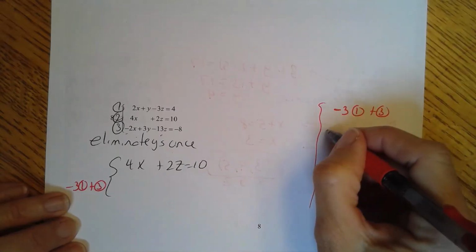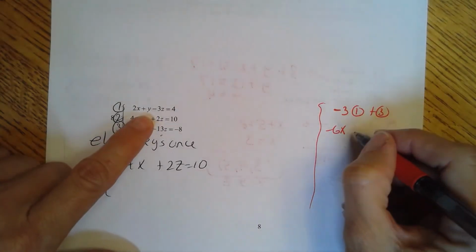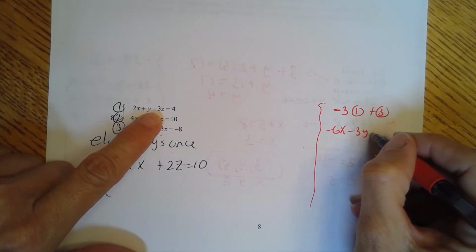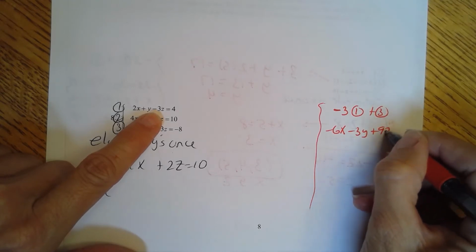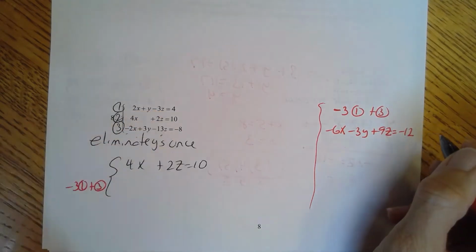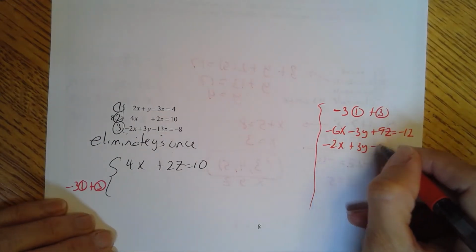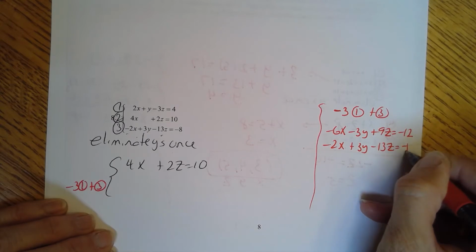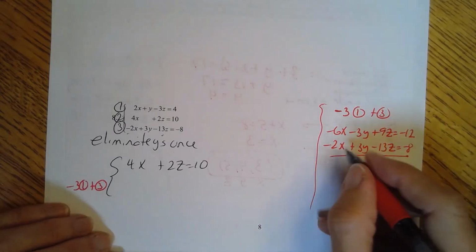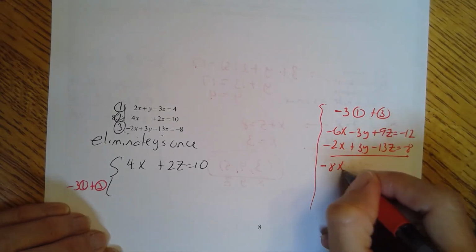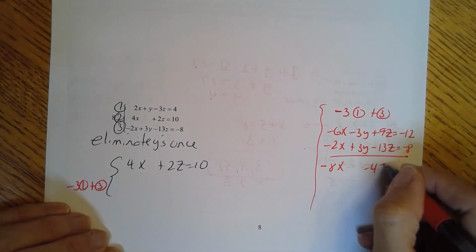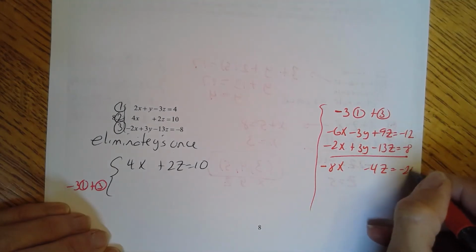So -3 times 2 is -6x, -3 times y is -3y, -3 times -3 is +9z, and -3 times 4 is -12. And we're going to add that to -2x plus 3y minus 13z equals -8. So that becomes a -8x, the y's cancel, -4z equals -20.